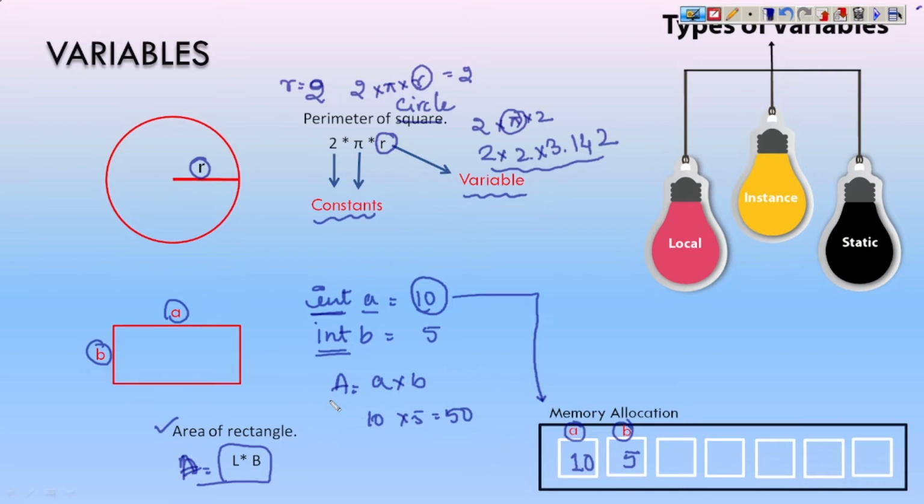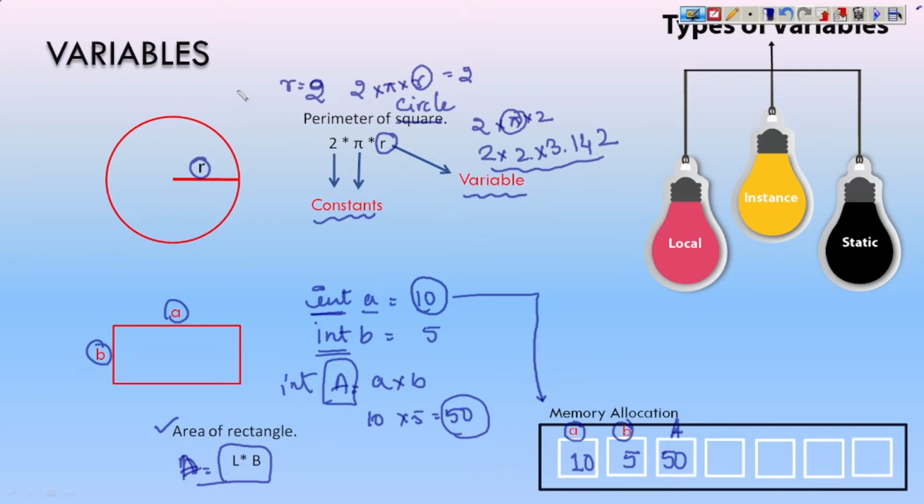And again, for this A here, this also will be int A. So this variable A will store its value, that is the resultant value, in this particular memory allocation. In the same way, the memory allocation is also done for the other things whenever you initialize a variable.